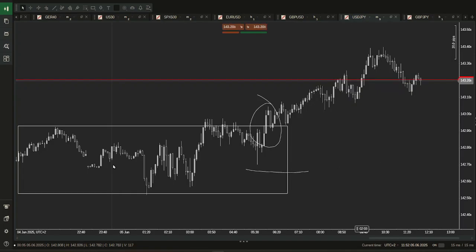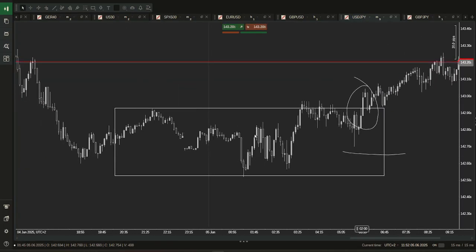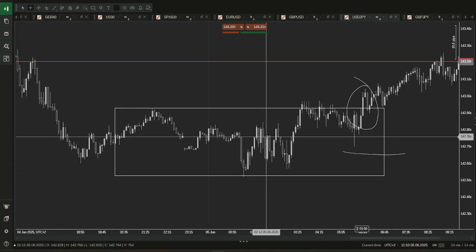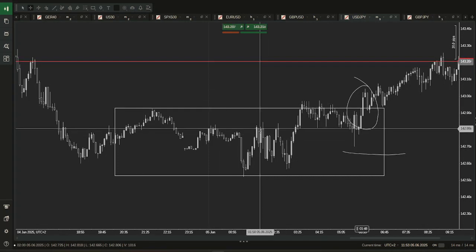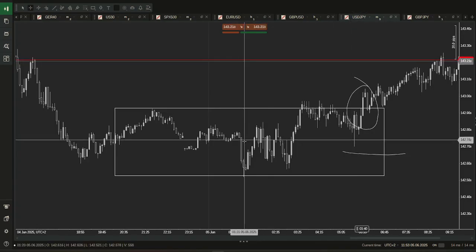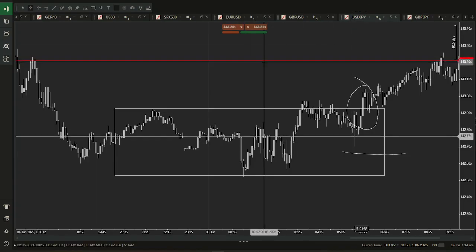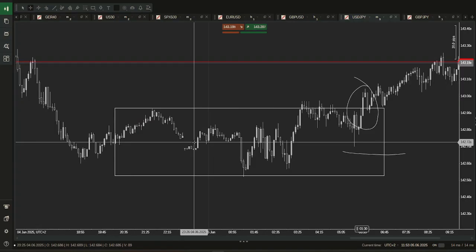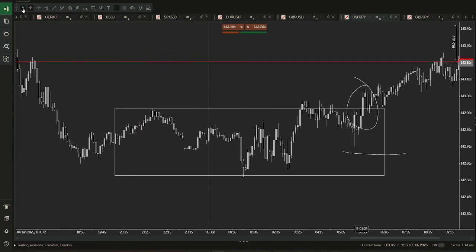If my bias is short and I try to find something here, it's not going to be that good, because I know from experience that at 0 to 100 hours, volume comes to this instrument, which is the USD JPY. Note the bars. At this time, the signals are not that strong.